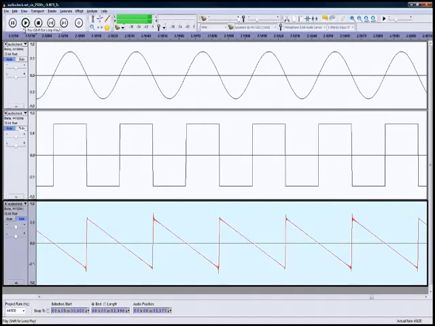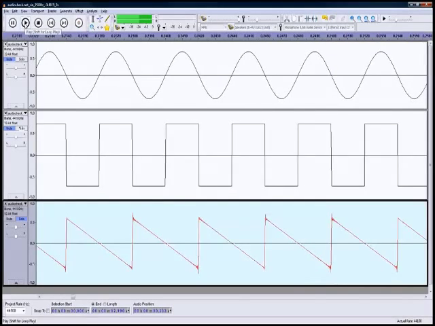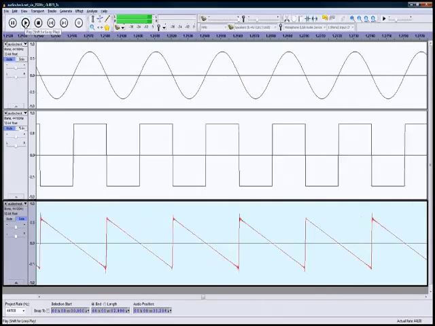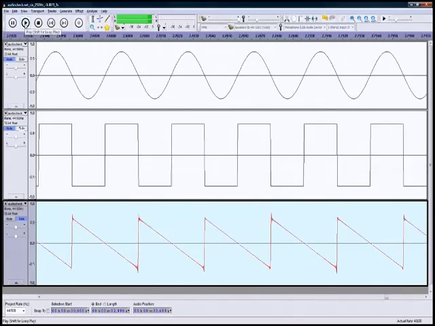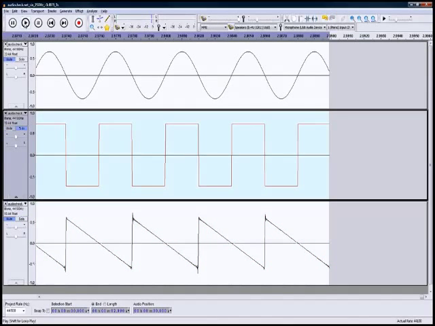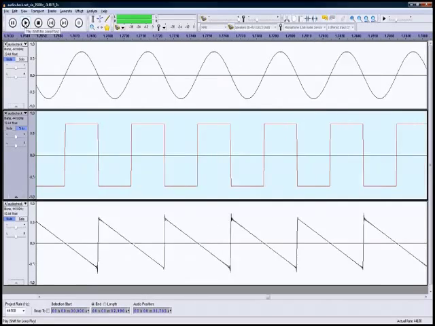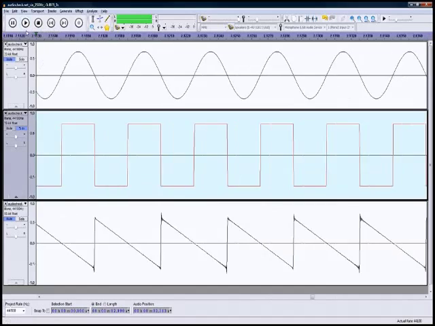And notice that it has a different kind of timbre than either of the first two waves that we listened to. Listen to this one again. Sawtooth. Here's our square wave. And our sine.